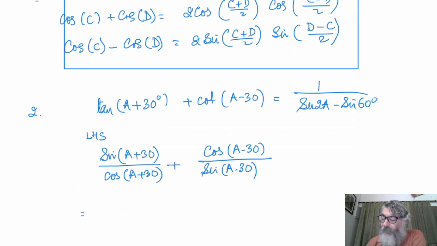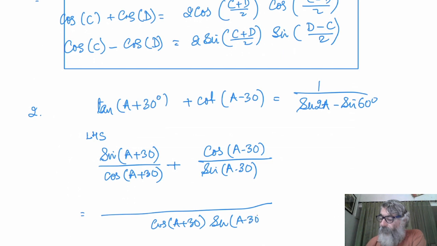Now when you take LCM it will be cos(A+30) and sine(A-30). And what will become the numerator?